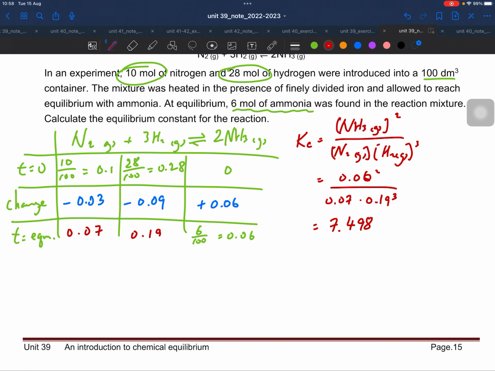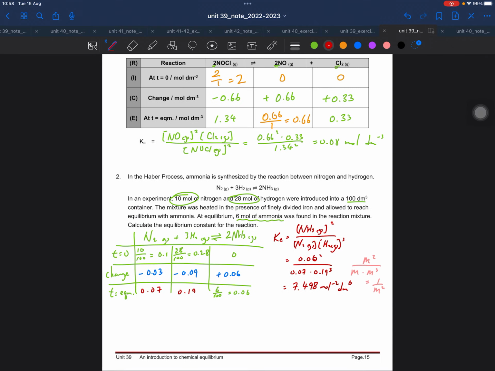Now let's double check the unit. The unit is m squared, m, and m cubed, which is 1 over m squared, that is per mole squared dm^6. This is our answer.